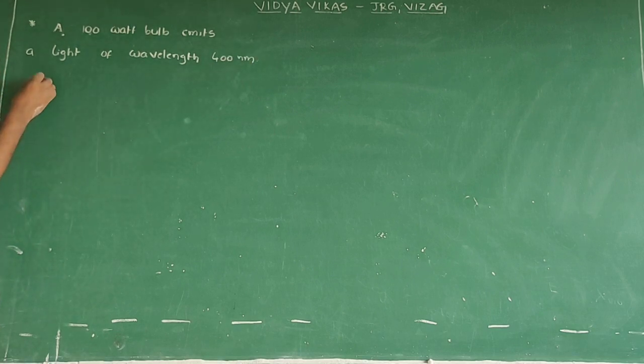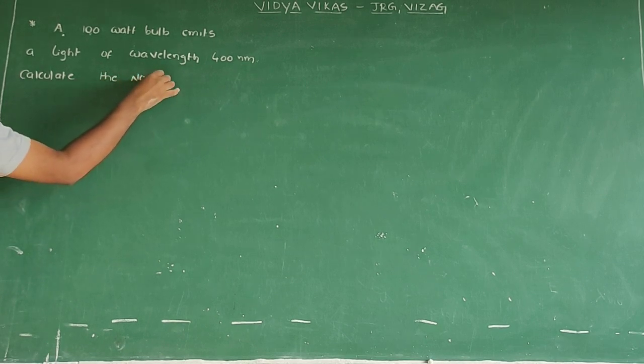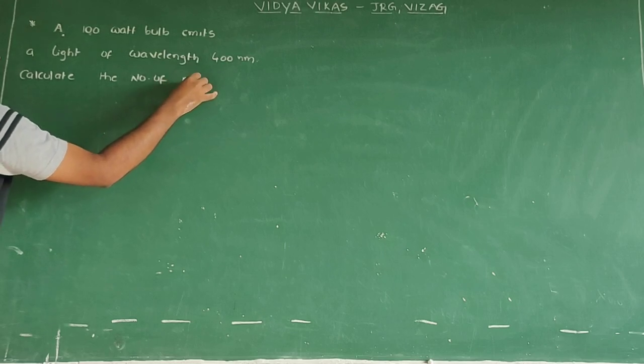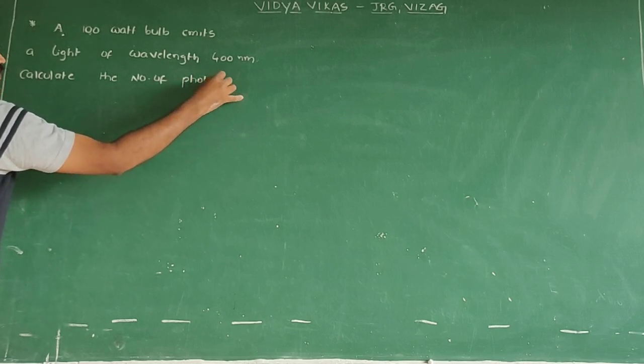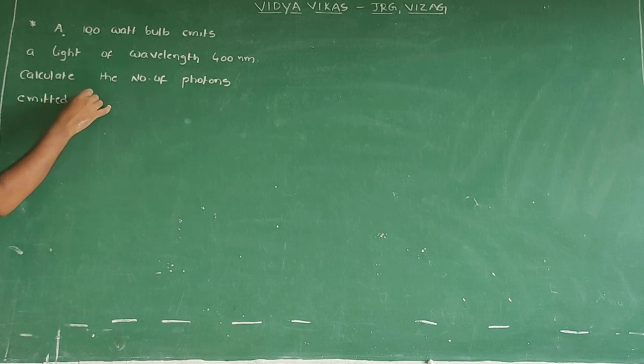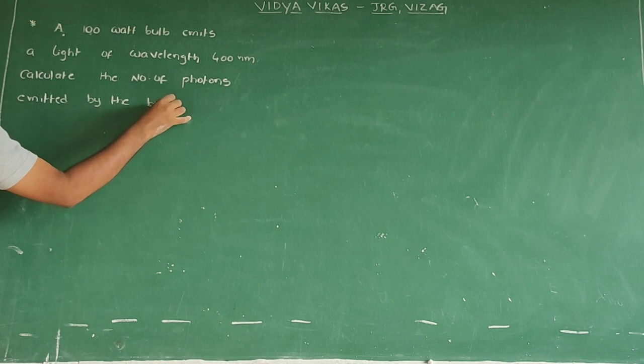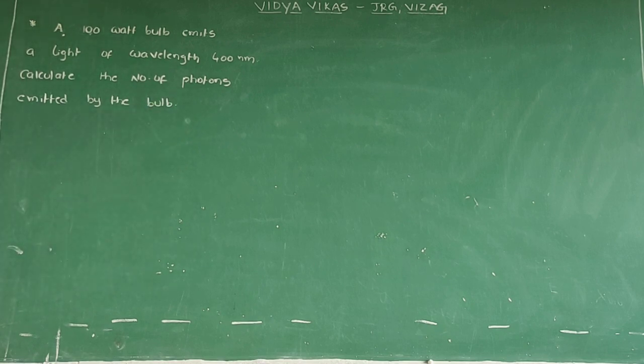And the question is, would you please calculate the number of photons emitted by the bulb? Is it clear? He's simply asking about the number of photons emitted by the bulb.